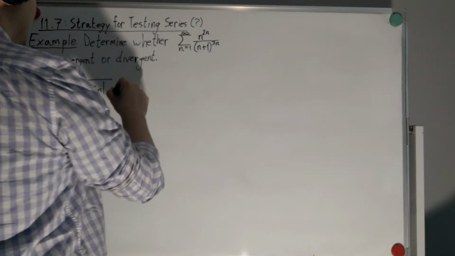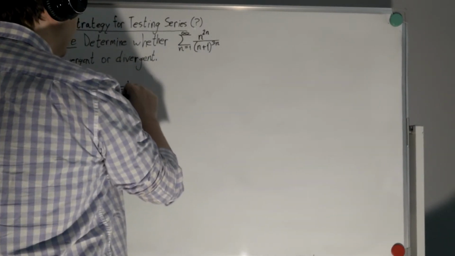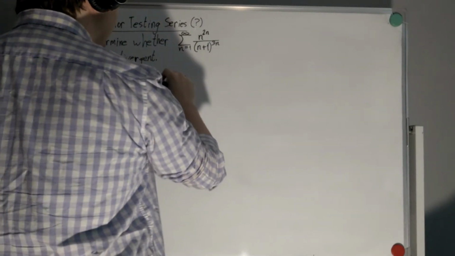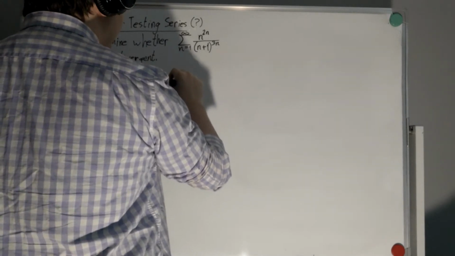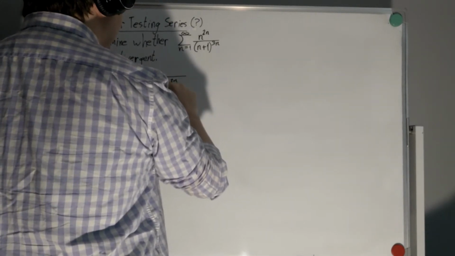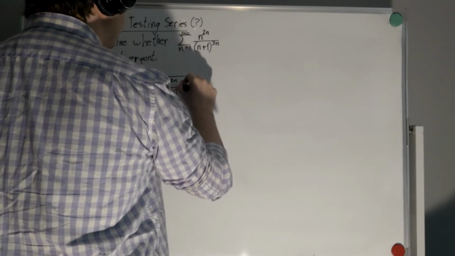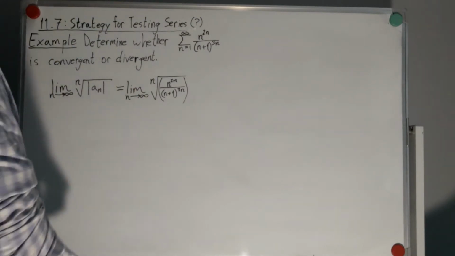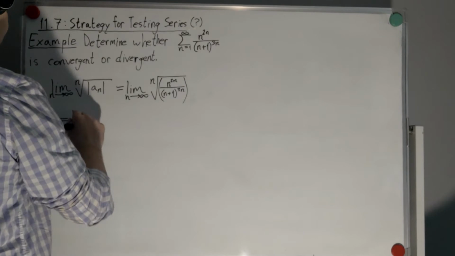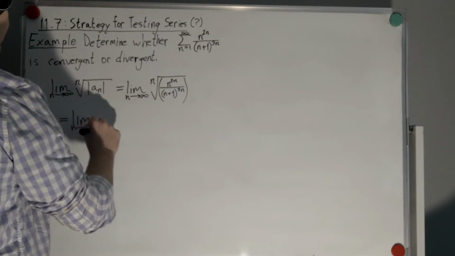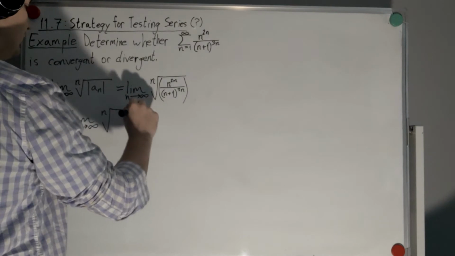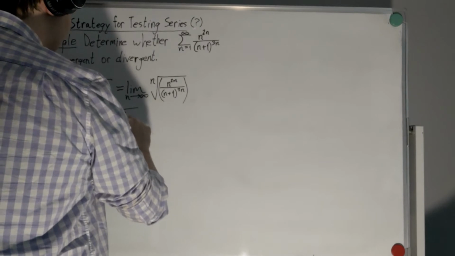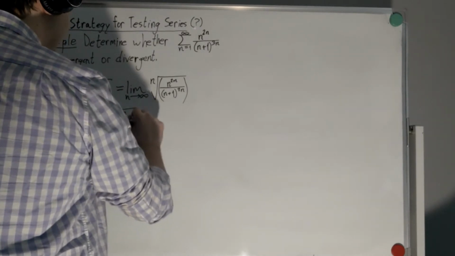In our case, that's the limit as n approaches infinity of the nth root of n raised to the 2n divided by n plus 1 raised to the 3n. That happens to be the same thing as the limit of the nth root of n squared divided by n plus 1 cubed, raised to the nth power.